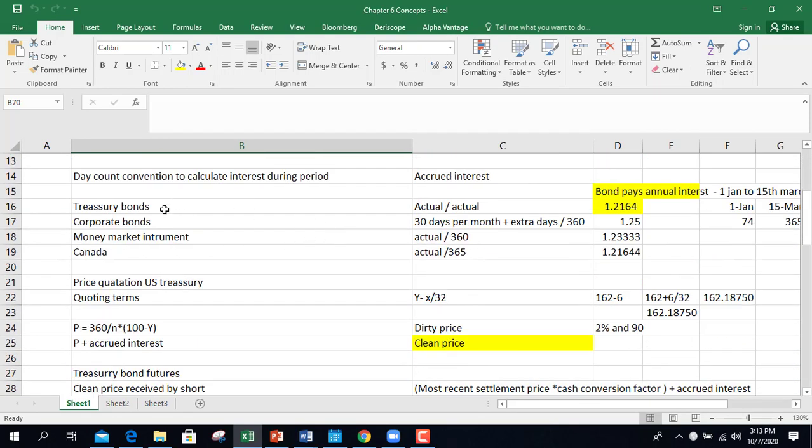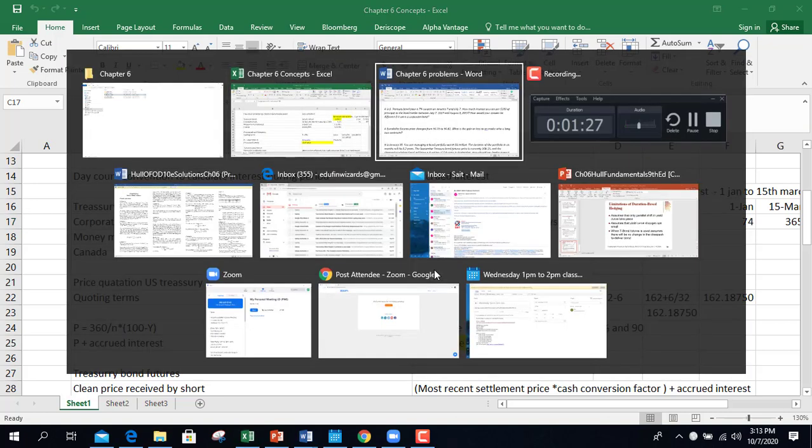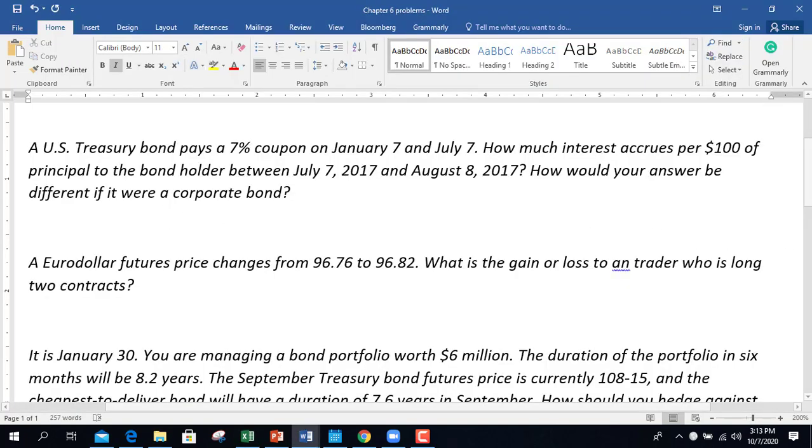What does it say? If it is a treasury bond, that is a government bond, then we use actual by actual to calculate interest. And if it is a corporate bond, we consider 30 days per month plus extra days divided by 360. So let's do that. Assume that it's a treasury bond. How would you do that?